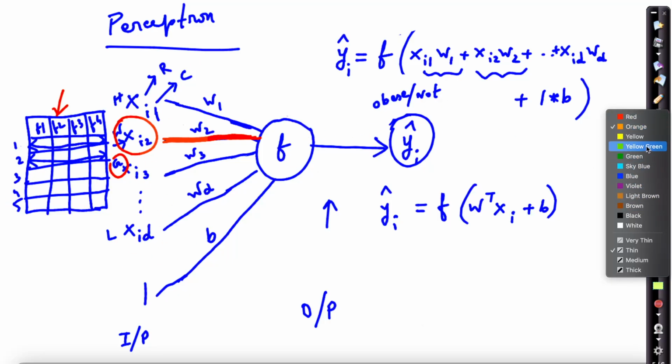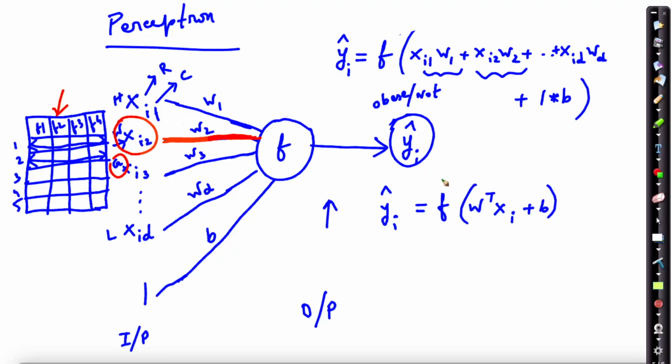Now let us see, in case of a perceptron, what is this? This is nothing but the activation function. Okay, here you see what is the input to the activation function. This f can be anything, right? In case of this particular perceptron, the activation function will take the input as the sum of the products. Yes, so x_i1 into w1 plus x_i2 into w2, right?